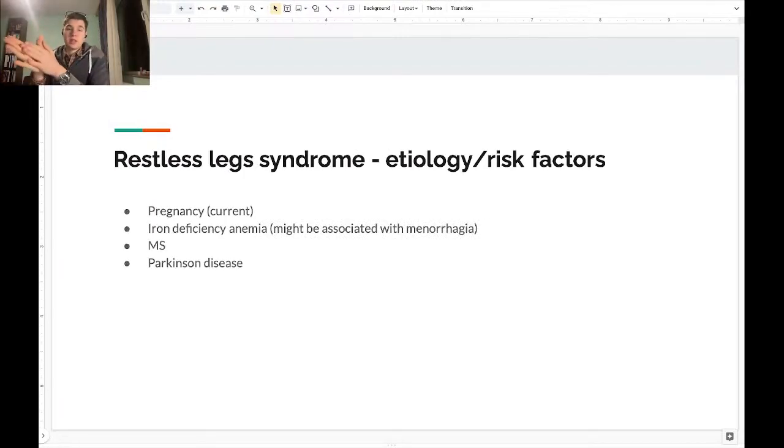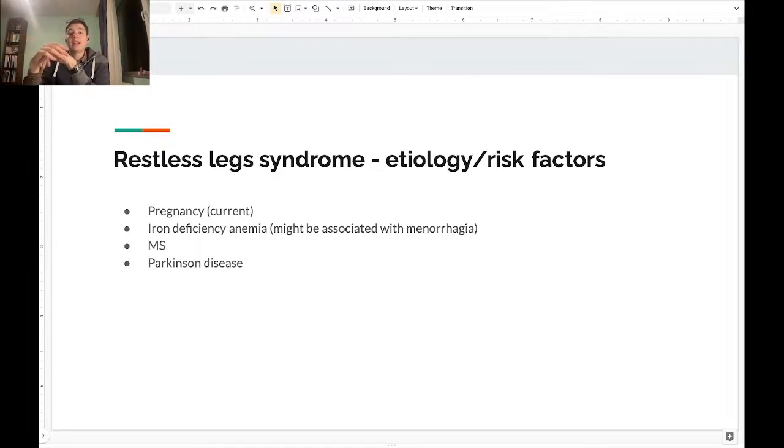There's a difference between risk factors and etiology in regards to restless leg syndrome. So, in this case, the patient had multiple sclerosis. The patient did not have Parkinson's disease. There was no current pregnancy. Restless leg syndrome appears when the patient is pregnant.